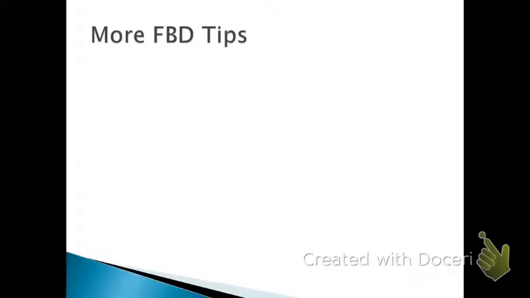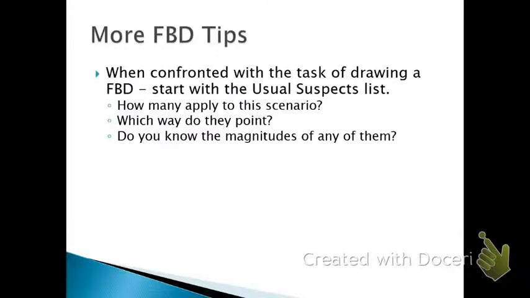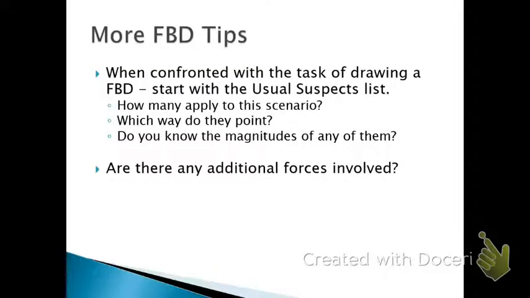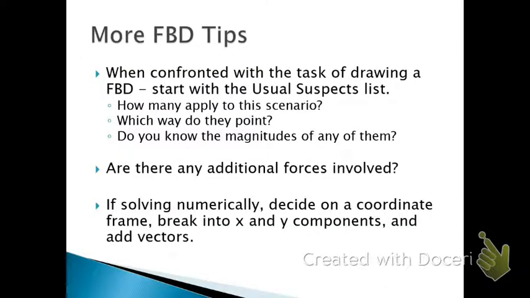So, more free body diagram tips. Basically start with drawing your object, then look at the usual suspects list that I just went through. How many of these forces are active in this scenario, and which way do they point? If I know the magnitudes, I can list those as well. Decide on a coordinate frame: which way is the y direction pointing, which way is x pointing. Break everything into x's and y's.